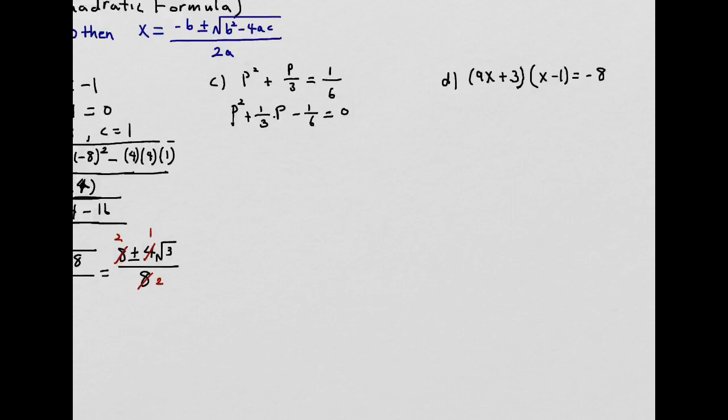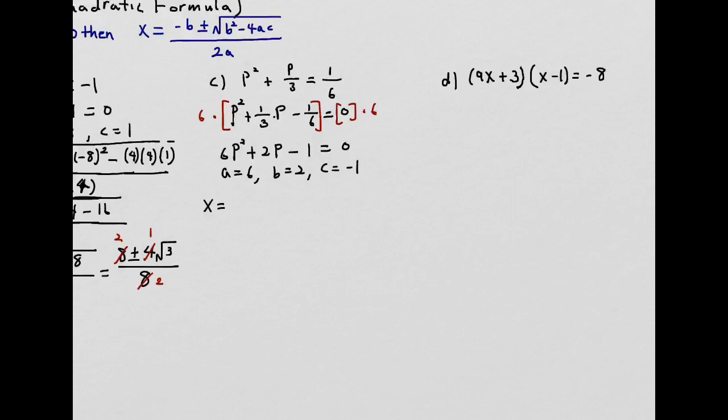But if you don't want to deal with fractions in the quadratic formula, all you need to do is get rid of the fractions. How do we get rid of 1/3 and 1/6? By multiplying by 6 on both sides of the equation, so we're not changing the given problem. Then we get 6p squared plus 2p minus 1 equals to 0. From this, A is 6, B is 2, and C is negative 1.